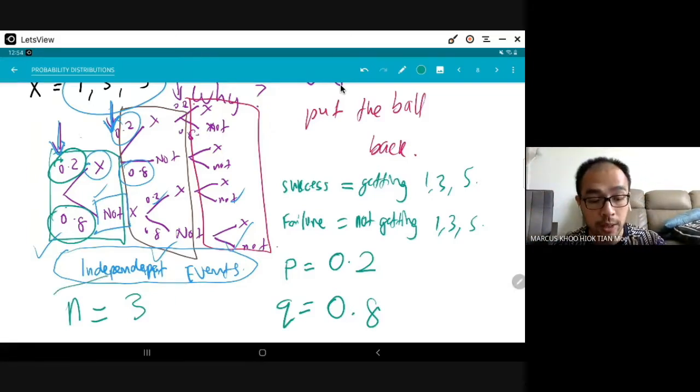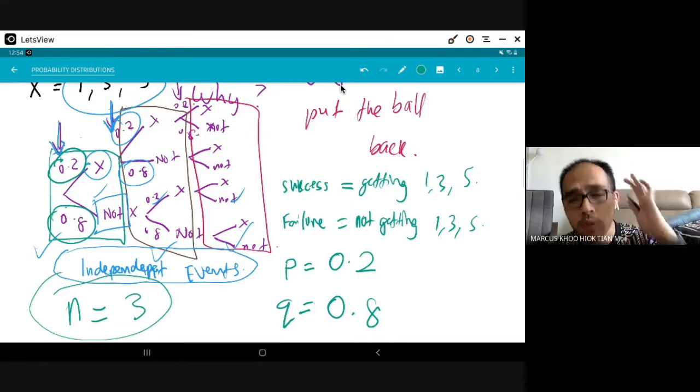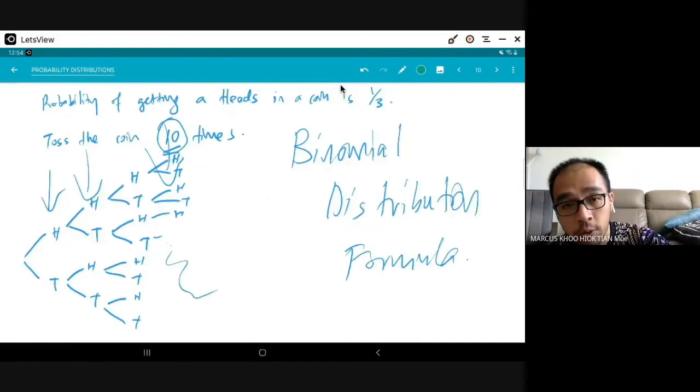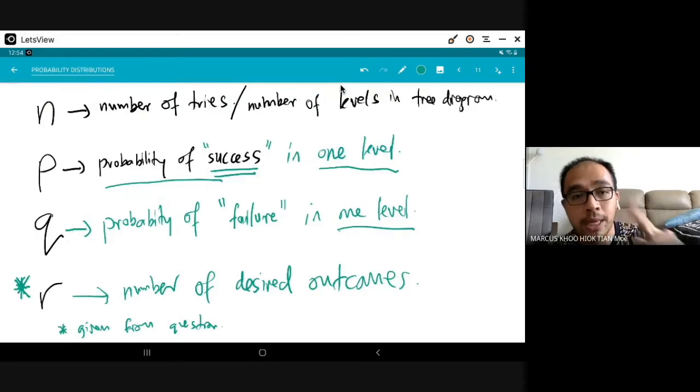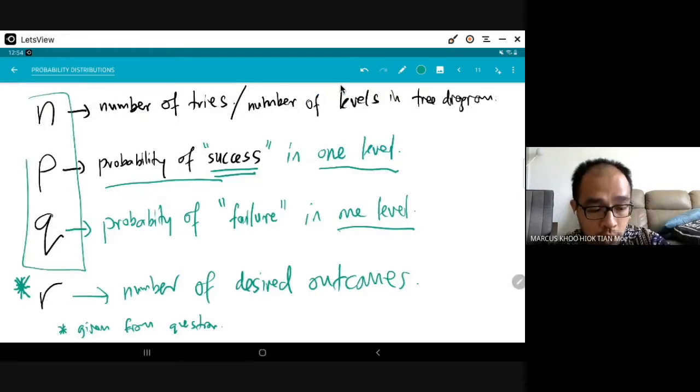So that is our n. Okay, so your first job, your most important job, if you want to succeed in this binomial distribution, you must know how to identify the n, p, and q. Once you can identify the n, p, and q, then you can talk to me about finally starting to answer the question.